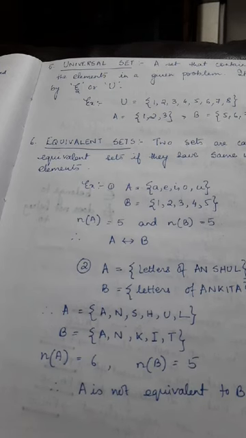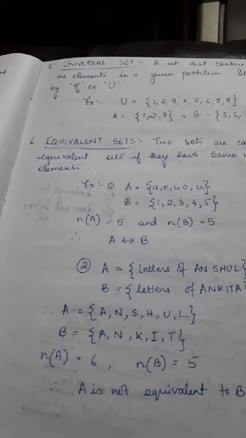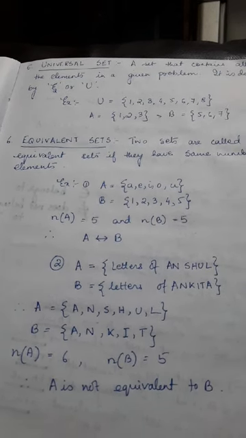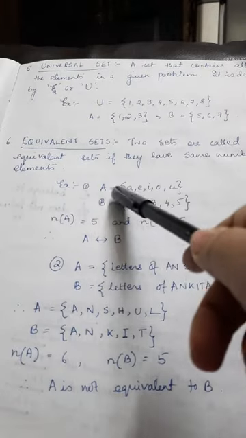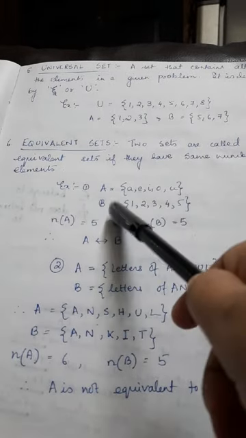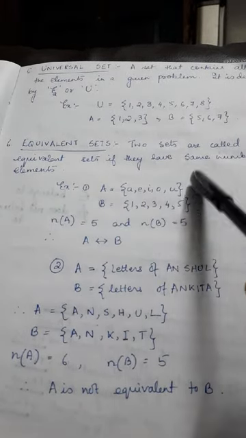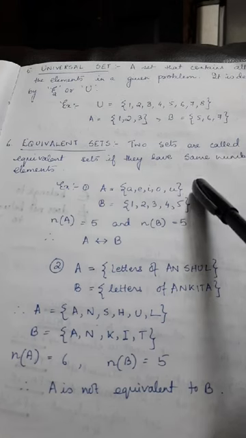What is an equivalent set? Two sets are called equivalent sets if they have the same number of elements. Small example here. Set A has A, E, I, O, U. Set B has 1, 2, 3, 4, 5. Find out the cardinal number.